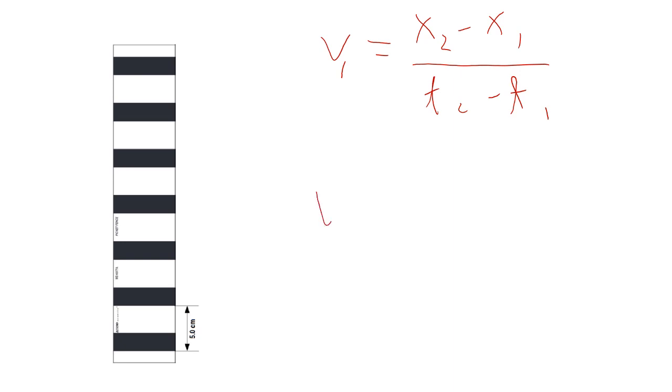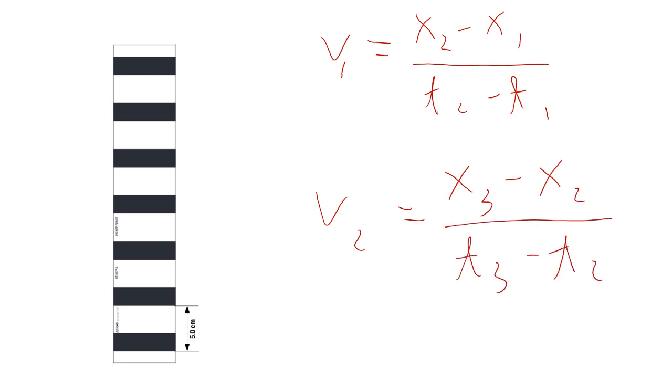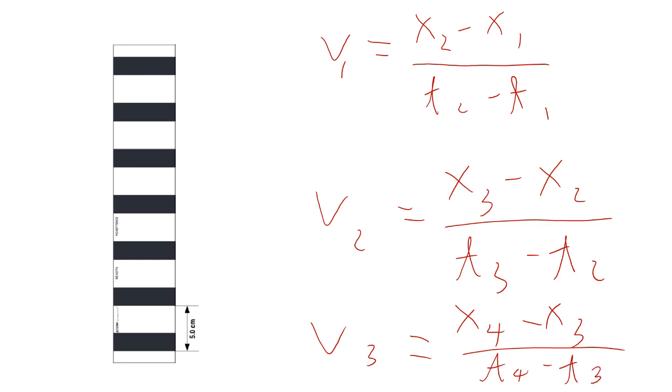And then v2 is going to be x3 minus x2 divided by t3 minus t2. Then v3 is going to be x4 minus x3 divided by t4 minus t3. Now, each of these is the average velocity.